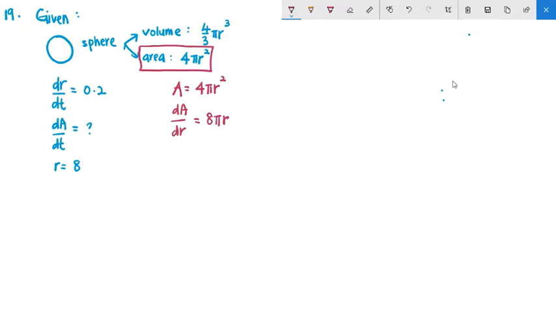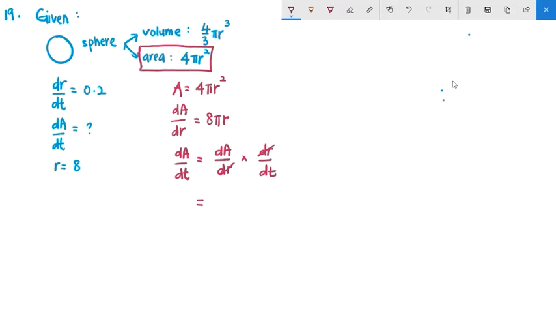Substitute dalam equation. Dia nak dA over dt is equal to dA over dr times dr over dt, so that we can cancel out this one, dr and dr. So we got dA over dt.